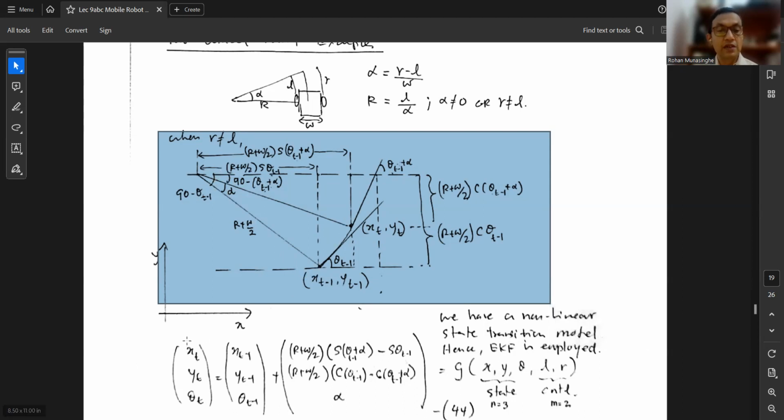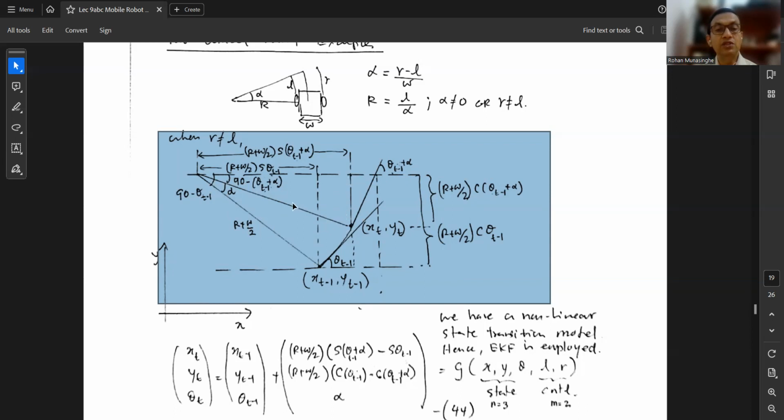So you can see what is xt. Xt is the x coordinate at this point. That is from here to here, right? From here to here. Y is this height, because you measure x and y with respect to this point over here, right? Now, because this angle is 90 minus theta t minus 1 plus alpha, the radius here is r plus w over 2, right?